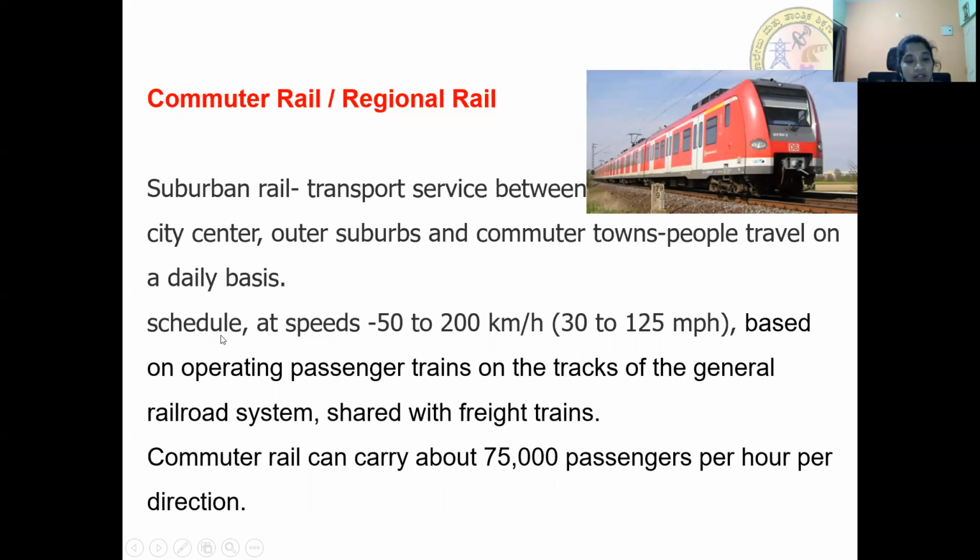It has schedules and runs at a speed of 50 to 200 kilometers per hour, operating passenger trains on tracks of the general railroad system shared with freight trains. Commuter rail can carry about 75,000 passengers per hour per direction.